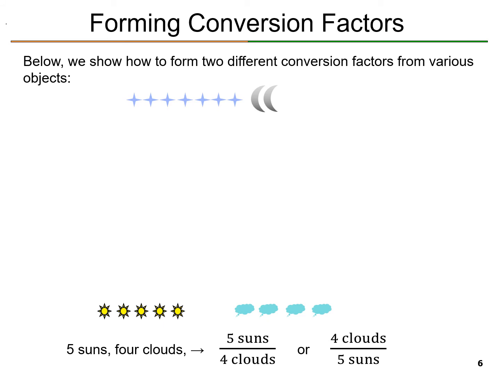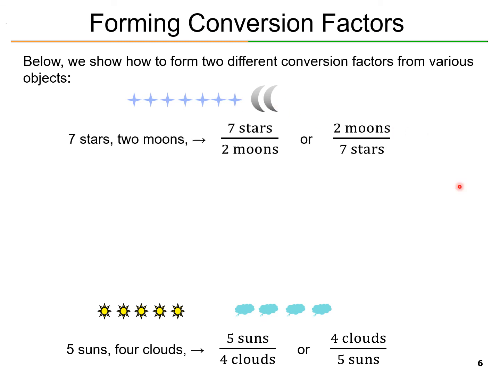Below we show how to form two different conversion factors from various objects. So here we have 1, 2, 3, 4, 5, 6, 7 stars and 2 moons.